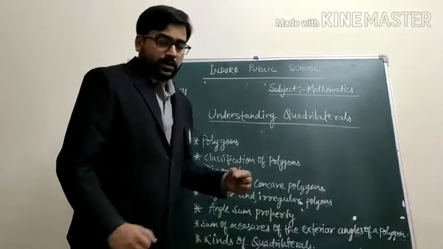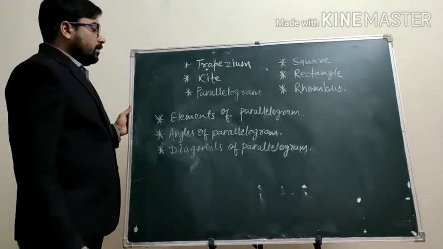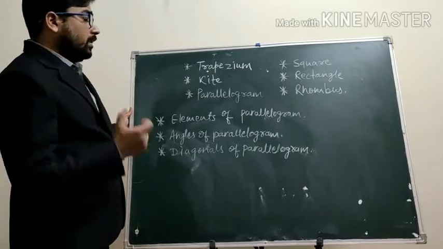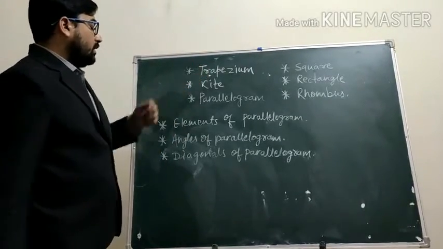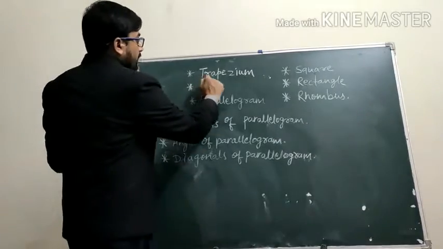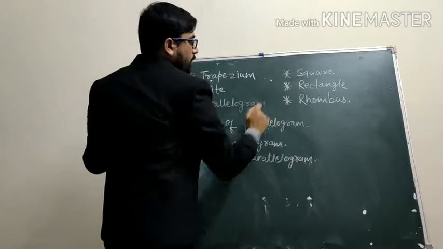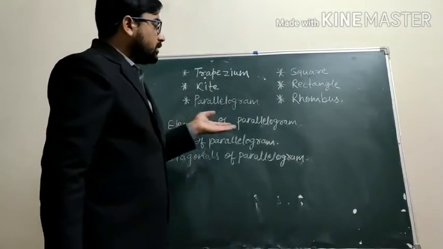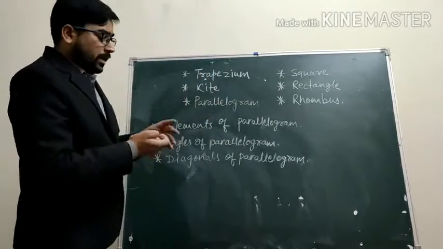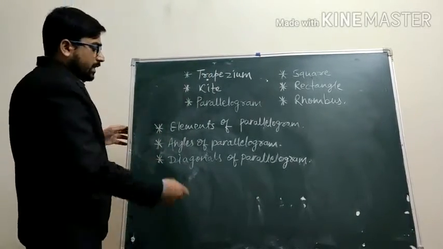Kinds of quadrilaterals. In kinds of quadrilaterals we will discuss the quadrilateral family, in which so many names are there: trapezium, kite, parallelogram, square, rectangle and rhombus. We will discuss the shape, characteristics and properties of these shapes.